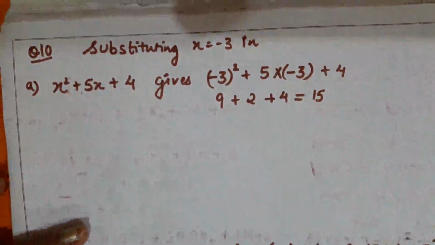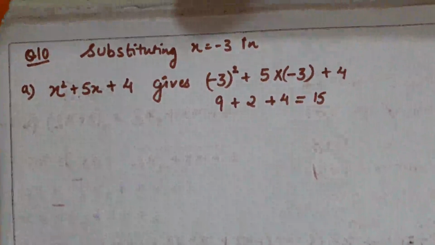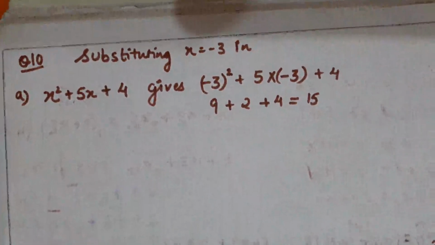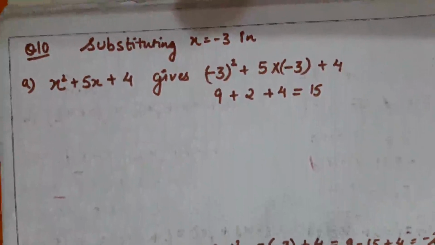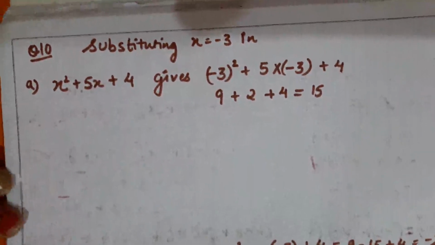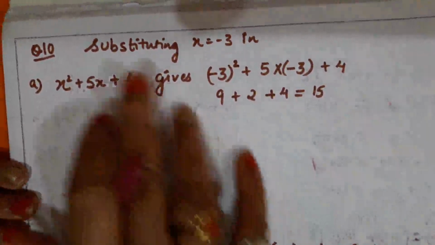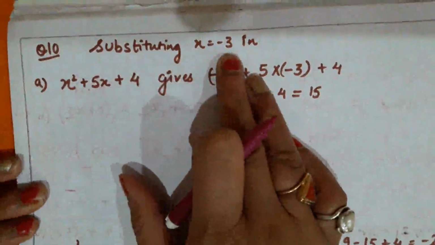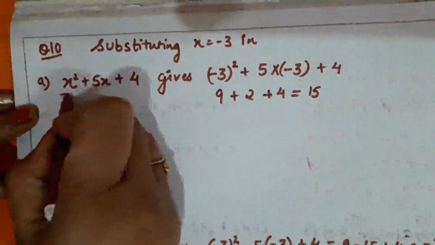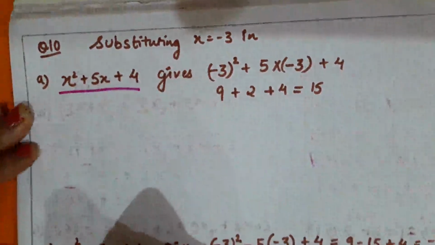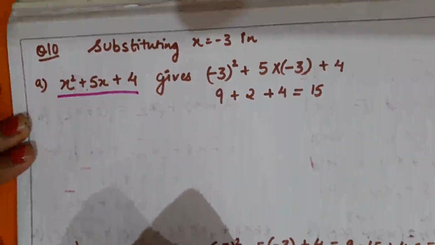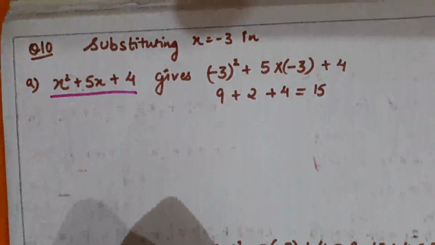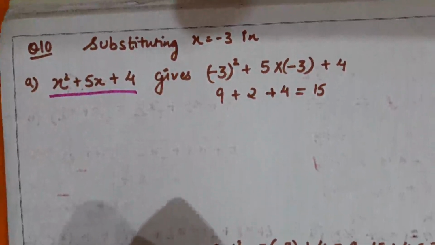Okay, next question, question number 10. It belongs to the same part. We need to find the error and change the wrong thing in the expression. So see what we have to do in this question: substituting x equal to minus 3. This is the statement, x square plus 5x plus 4. We need to check whether this statement is right after putting x equal to -3.